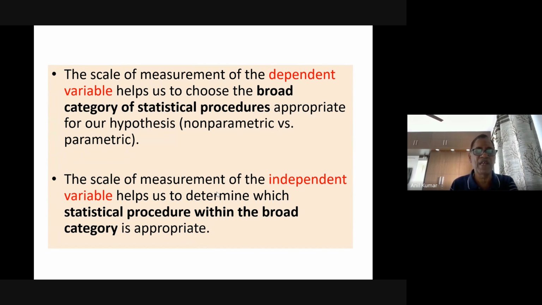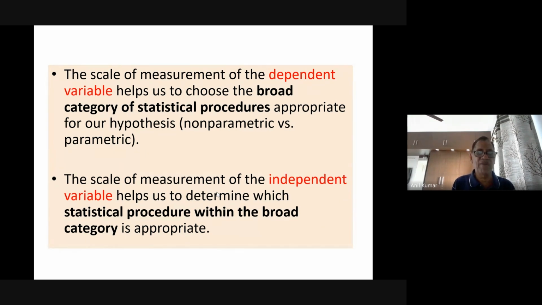If my data is in ratio scale, we can go for a parametric test. If my data is not on ratio or interval scale, then we can't use a parametric test; we have to go for a non-parametric test.